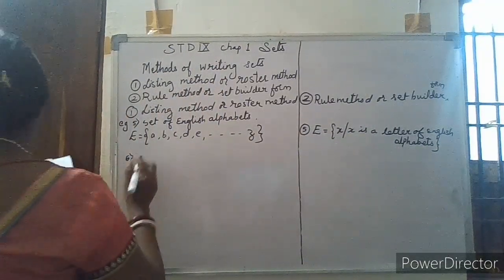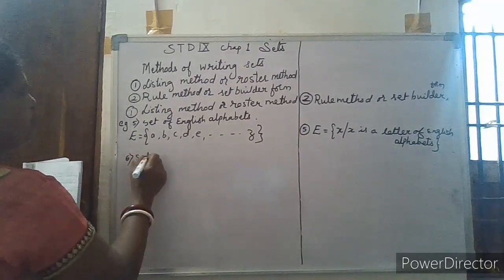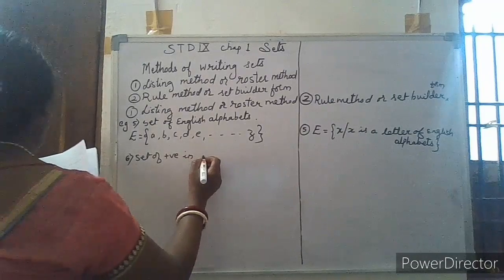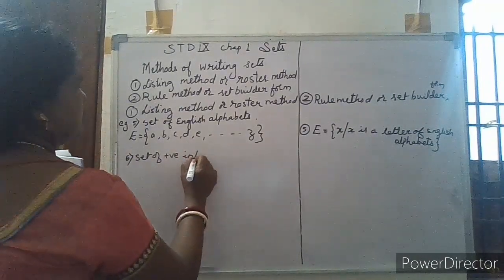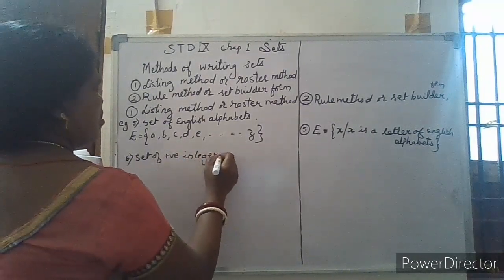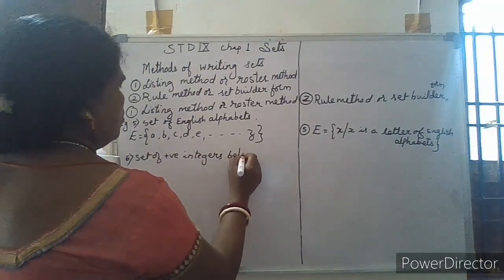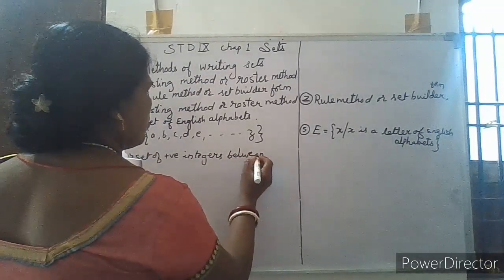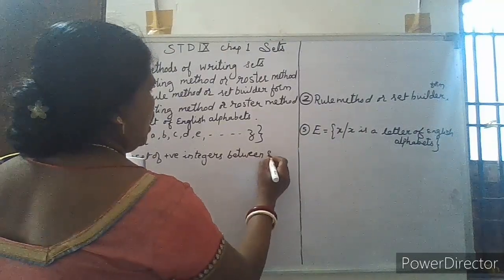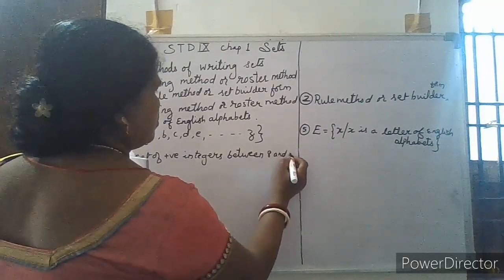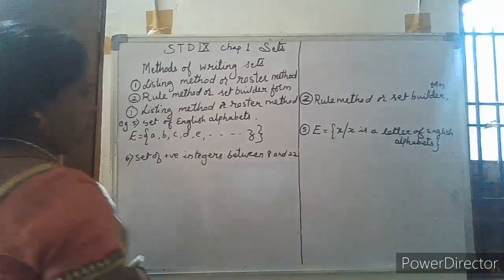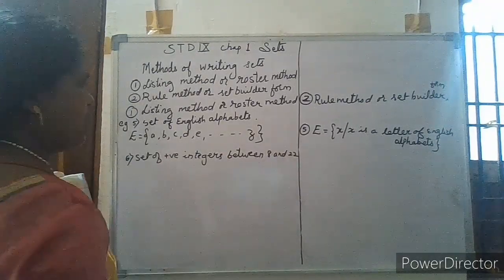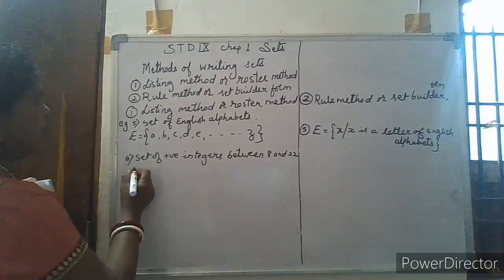Again more examples. Set of positive integers between 8 and 22, suppose.